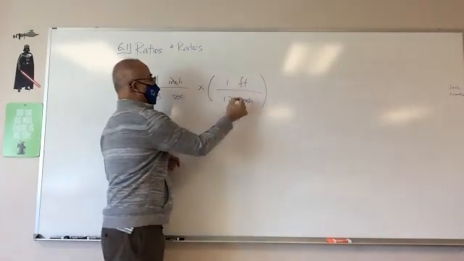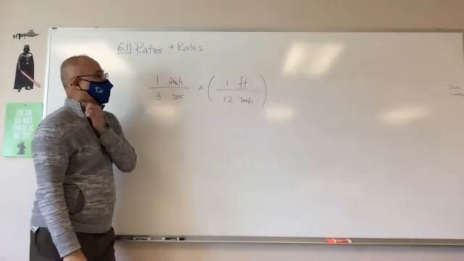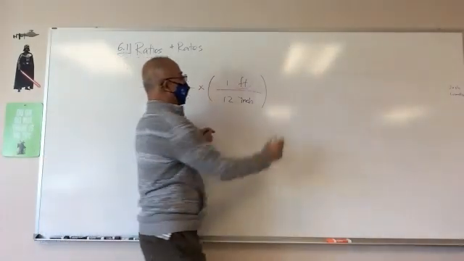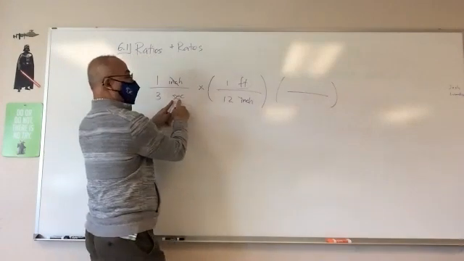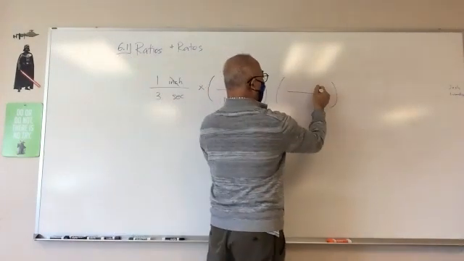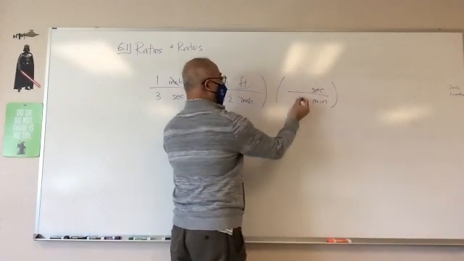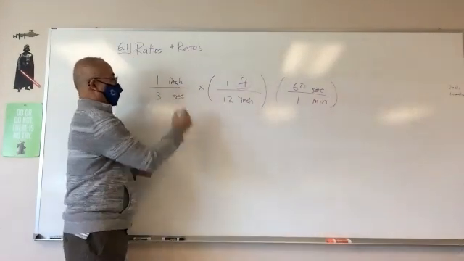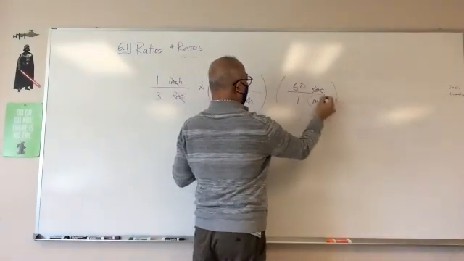Now the inches cancel out. I have the feet, which I'm looking for, but I want this to be in minutes. So again, I'm going to do the conversion factor, and since the seconds are on the bottom here, I need the seconds to be on top. So 1 minute is 60 seconds. Seconds cancel out, and I have now feet per minute.